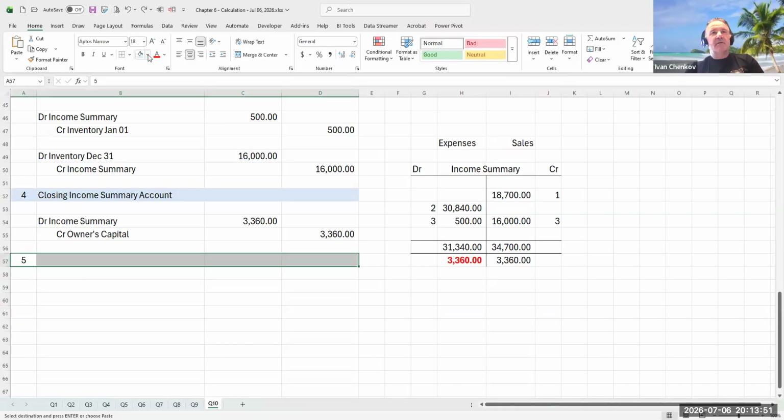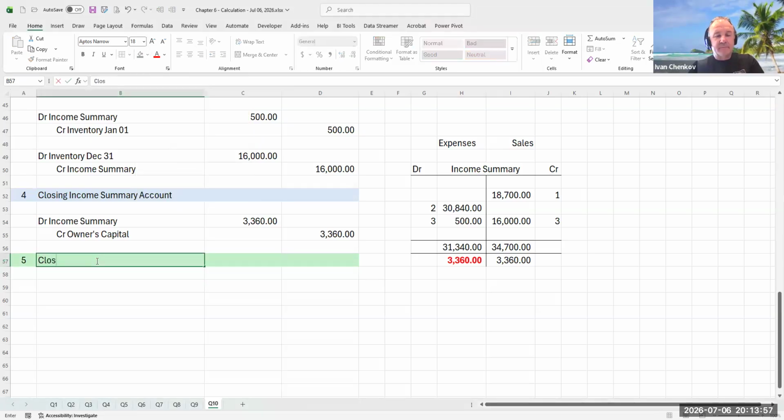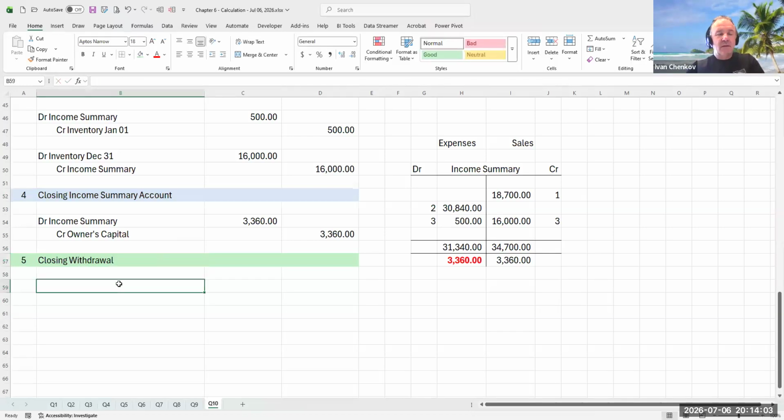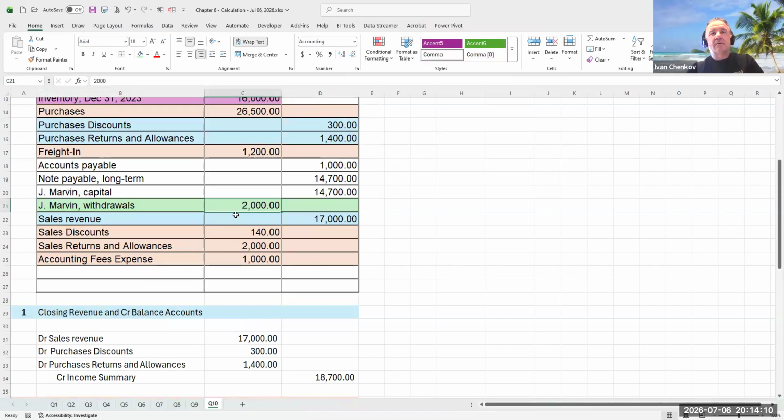Let me see if I can get the right green cover. I believe not this one, not this one, this one. Closing withdrawals. Where is the withdrawal account, debit or credit balance? With a debit balance, so we have to close it on the credit side.